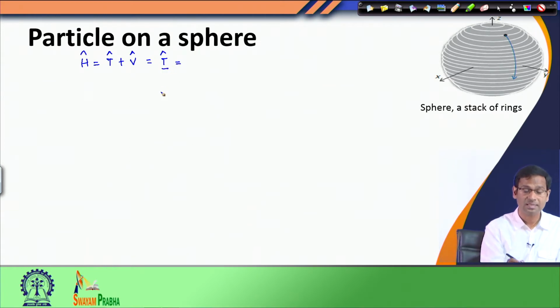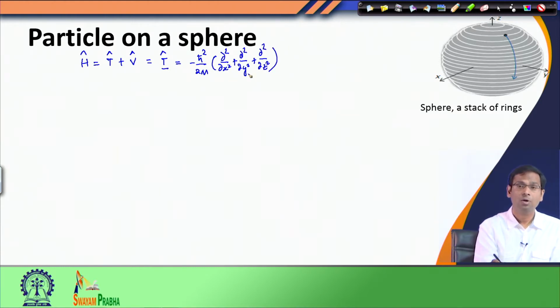Now, since the particle is moving around on a sphere, all three Cartesian coordinates are operational. So, I write down the Hamiltonian as minus ħ square by 2m times d square by dx square plus d square by dy square plus d square by dz square. Please note here that all the derivatives are partial derivatives.